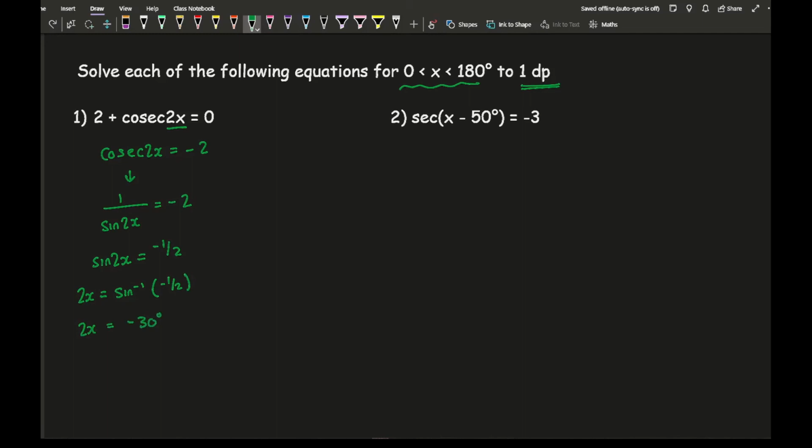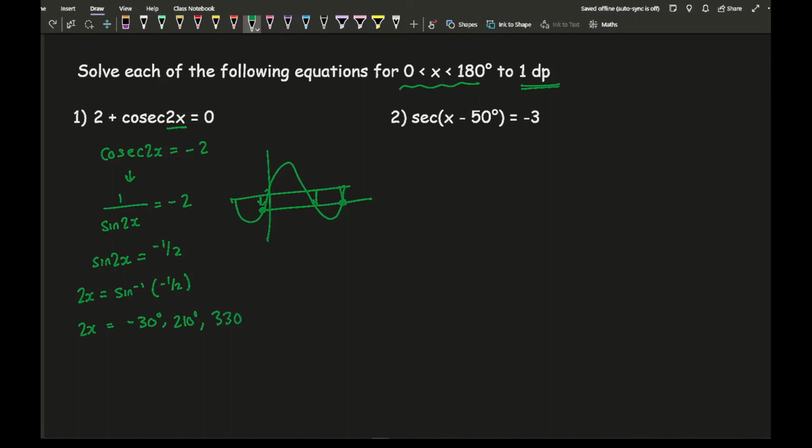Using the graph, which looks like this, the calculator only gives me the value closest to the origin, which is this number here, so I can then find what those two other angles are going to be, which are 210 and 330.